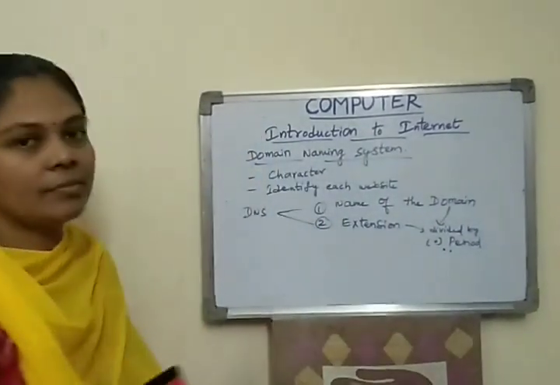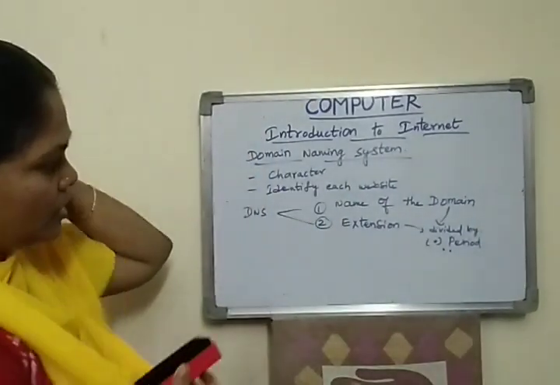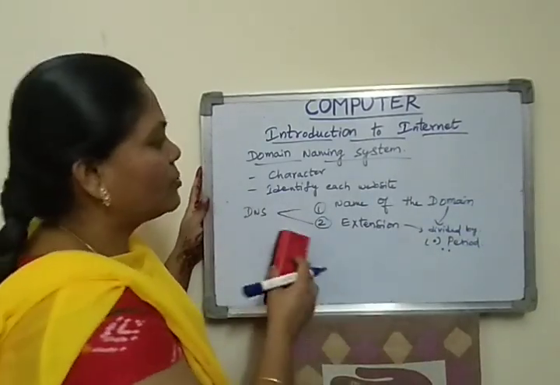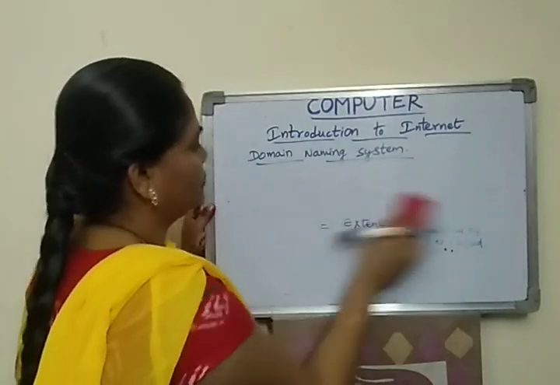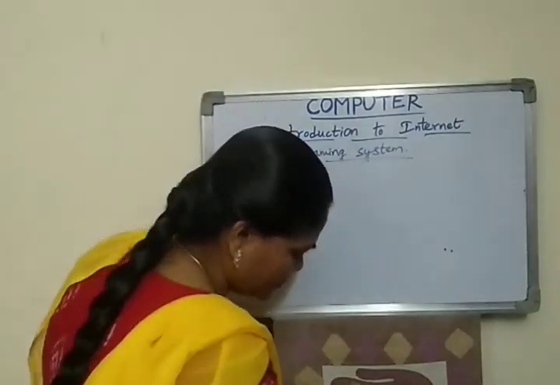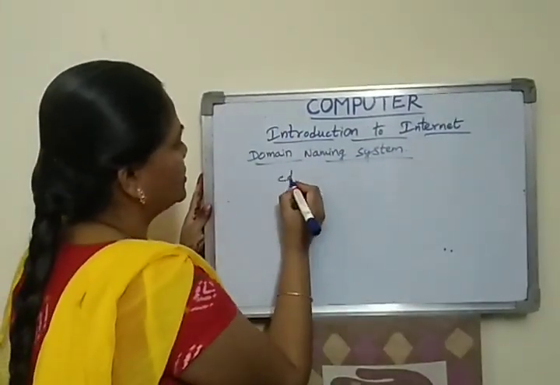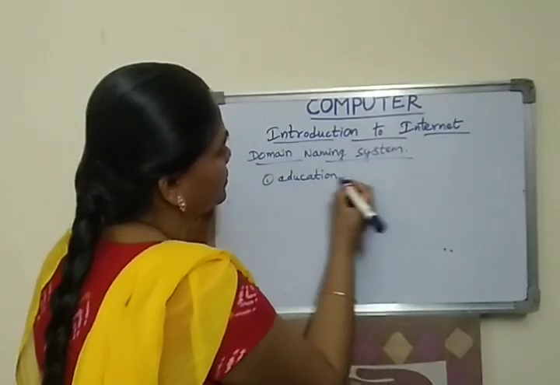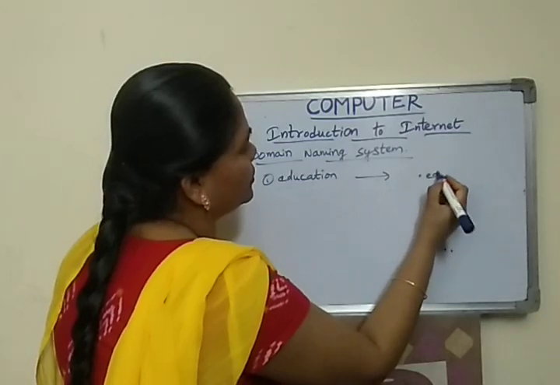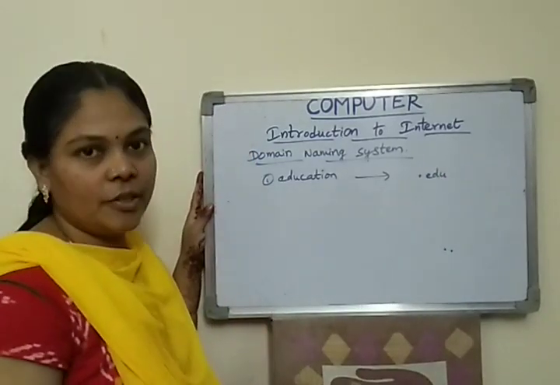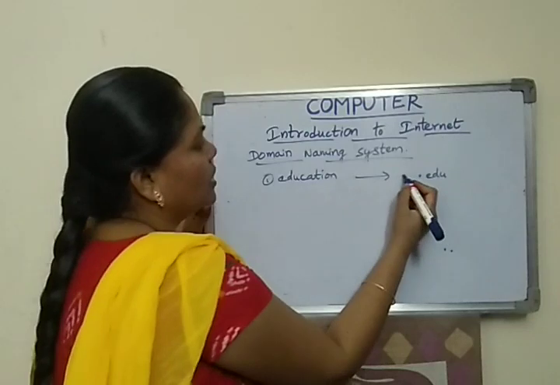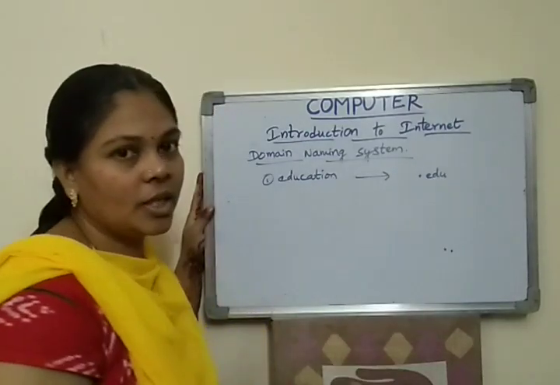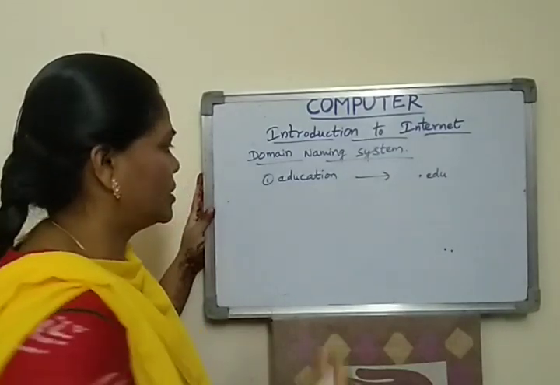Now we will see some examples of what extension is given for which websites. For education, the extension is given as .edu, suppose pragati.edu. Here the domain name can be any name, and the extension .edu is for educational institutions.